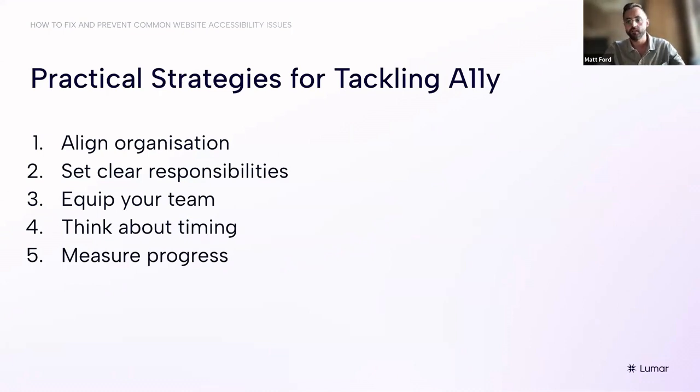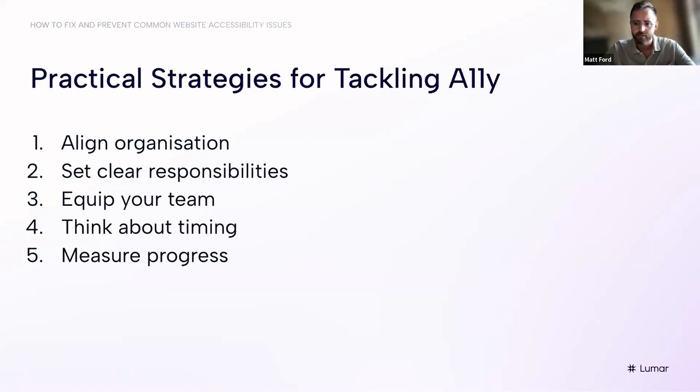So when you're starting to look at accessibility, first thing you need to do really is align your organization. So have a shared goal, have a shared target of where you're trying to get to, and just make that a clear policy within the company. So depending on where you're aiming and why, maybe it's for complying with specific regulation, maybe it's a company-wide initiative to reach a certain standard for just usability.